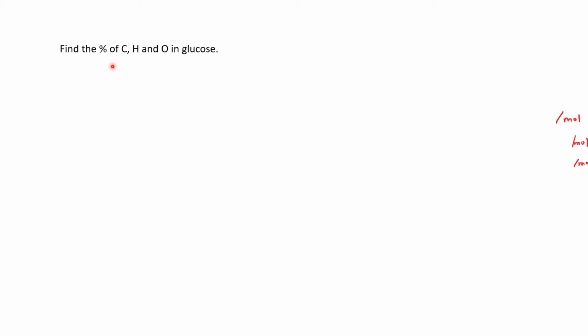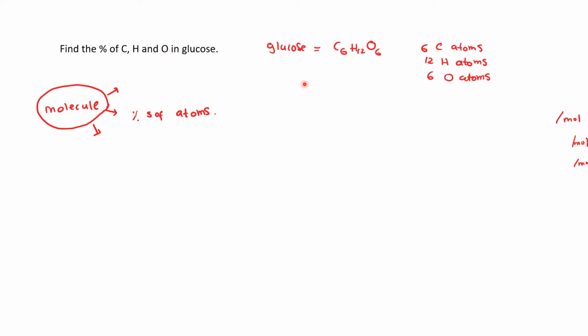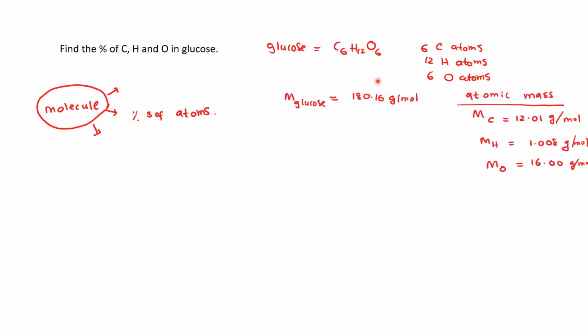Find the percentage of carbon, hydrogen and oxygen in glucose. So we have given a molecule and asked to find the percentages of these elements. So when you look at the glucose molecule, you notice that it has 6 carbon atoms, 12 hydrogen atoms and 6 oxygen atoms.